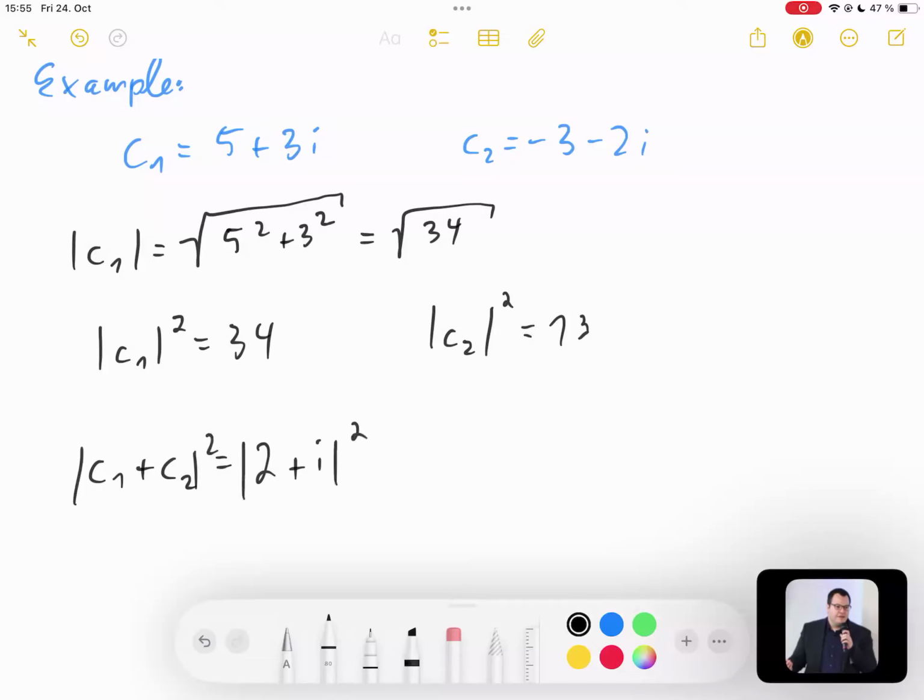So the modulus squared of C1 plus C2 is the modulus squared of 2 plus i. It's 5. And 5 is less than the 34 here, and 5 is less than the 13. So we've added two complex numbers, but they start to cancel each other out.